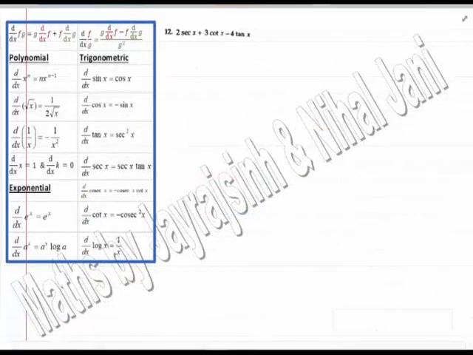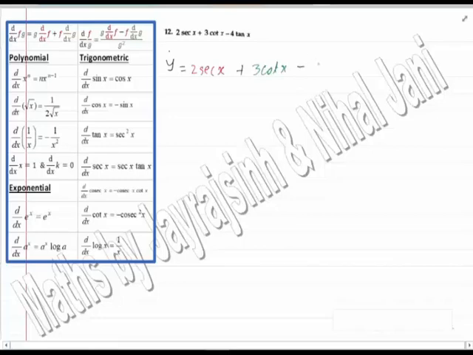Our next question, question number 12, a purely trigonometric question. We have y is equal to 2 sec x plus 3 cot x minus 4 tan x. Actually it's already in simplified form with individual terms, so we can apply differentiation, right? Okay, in the first term, 2 is the constant term, so we have to differentiate only sec x, and differentiation of sec x is sec x tan x.